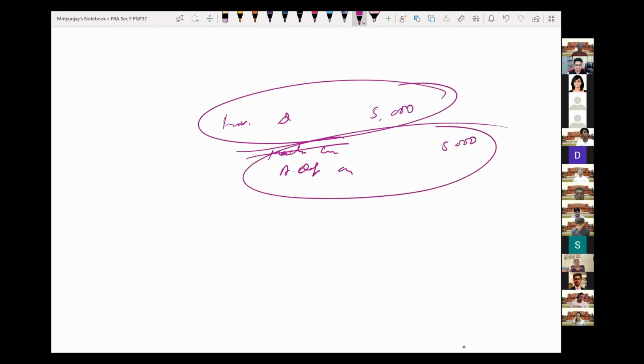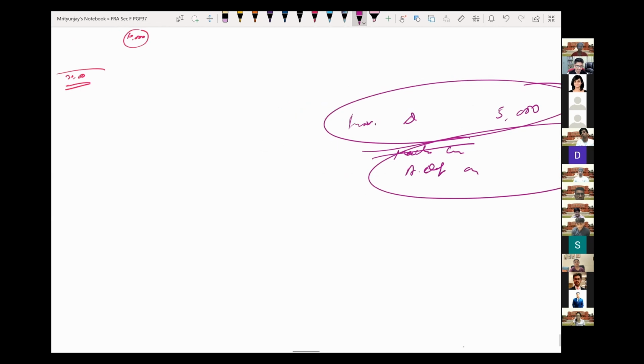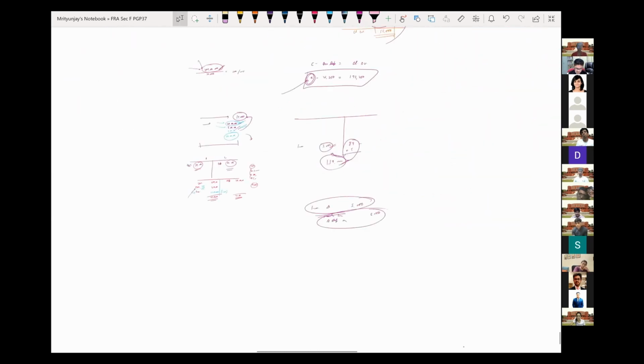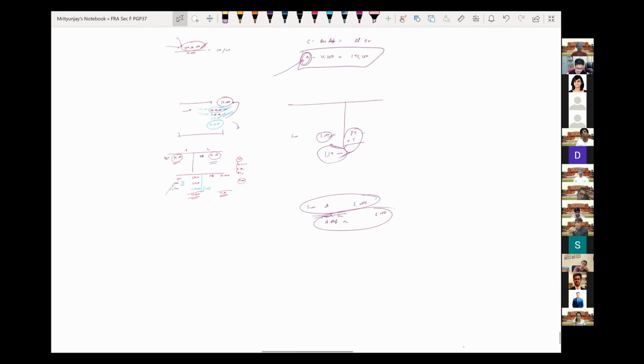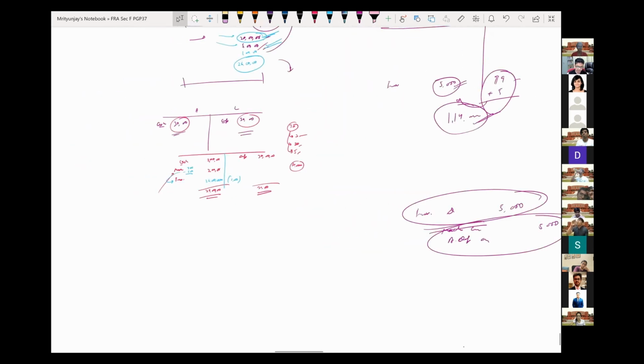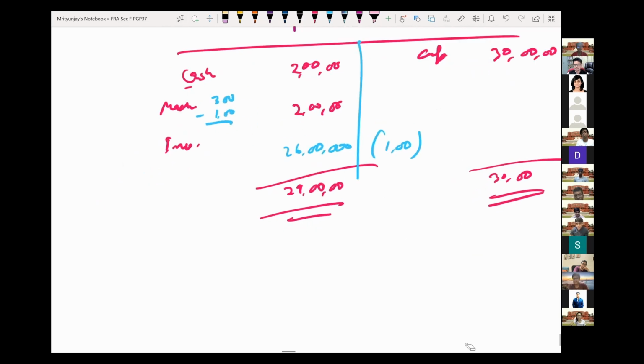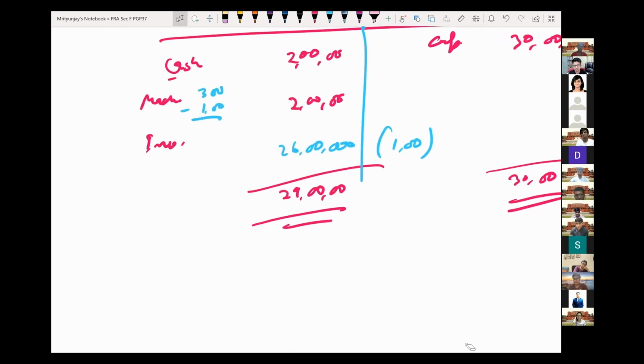Let me give you one more explanation of the same thing. Let us refer to that example. Hopefully it is still preserved. Yeah, see here. Remember this example of manufacturing the chairs? 1 crore of depreciation is sitting in this 26 crore rupees. And also this year accumulated depreciation is what?